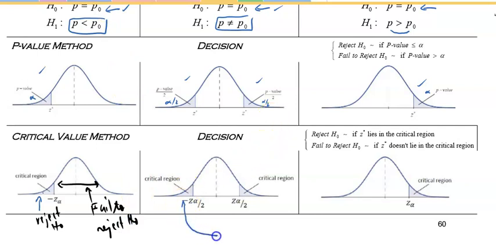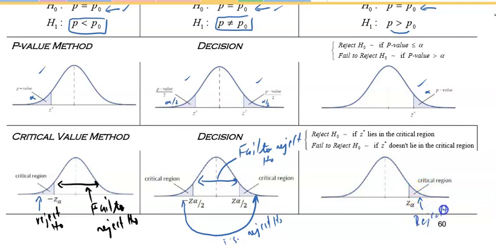If my test statistic falls into either of those two regions, I will reject the null hypothesis, and if it falls anywhere in between, I will fail to reject the null hypothesis. And the same deal, this is the rejection region. If my test statistic falls in there, I will reject the null hypothesis, and if it falls anywhere in there, I would fail to reject the null hypothesis.